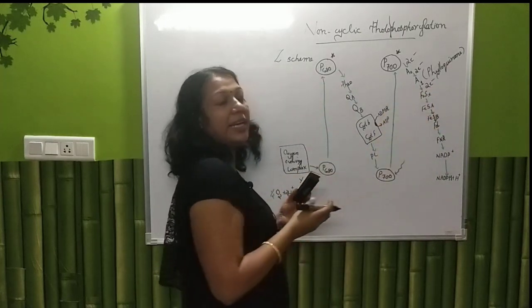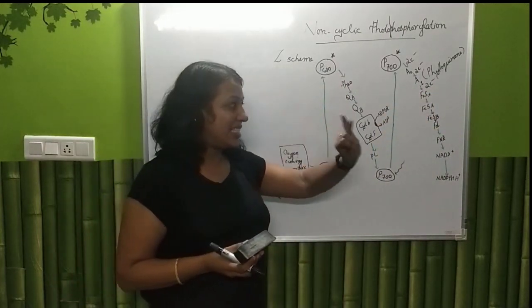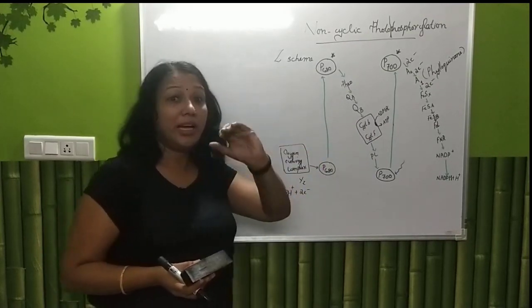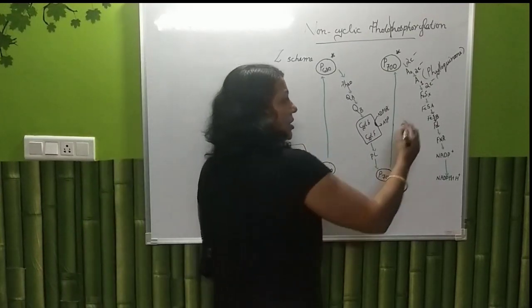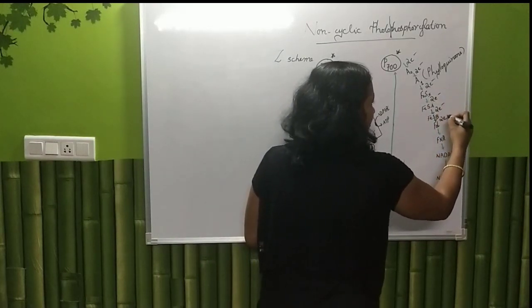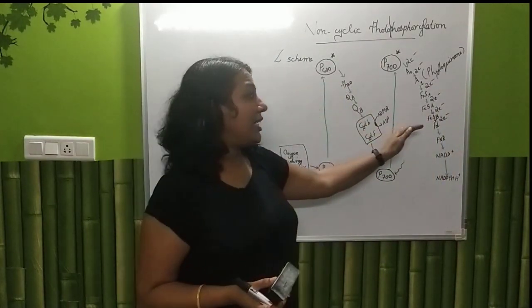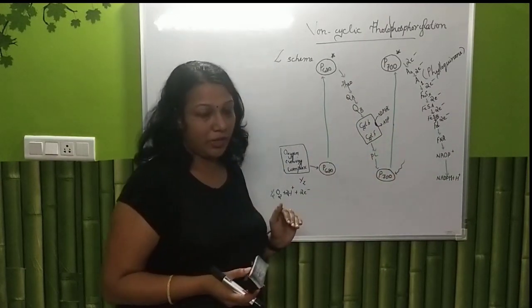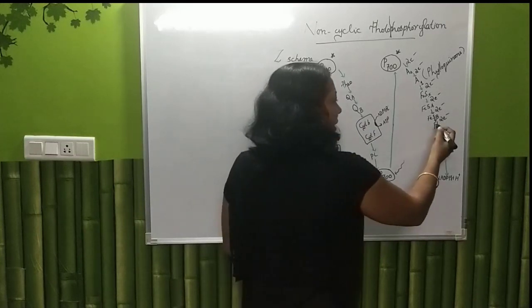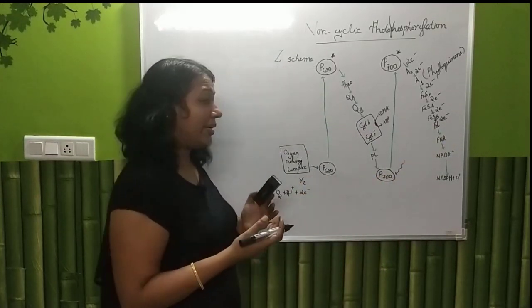FeS, all these 3, FeX, then FeSA, then FeSB, are iron sulfur containing proteins. Now this electron is taken by ferredoxin, which also contains iron and is iron sulfur containing.